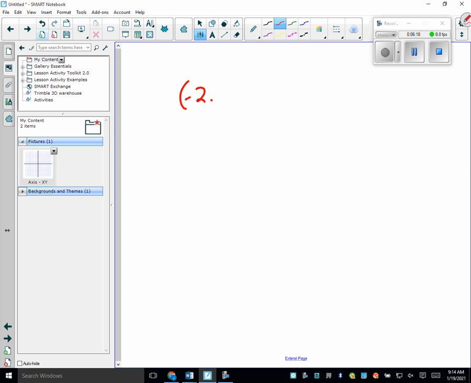They are (-2, 4) and (6, -2). And I want to write the equation of the circle. What do I need? The center. Is the center of the diameter the midpoint?